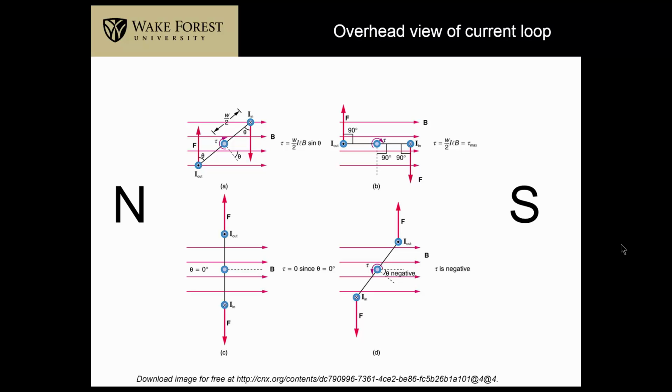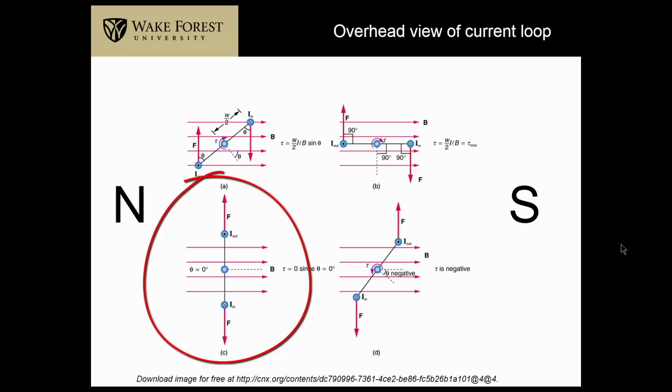Now, if we apply that torque, and if the loop is free to rotate under that torque, it will rotate another 45 degrees, taking us to this orientation here. The force on the left wire is still up, the force on the right wire is still down. We still have a clockwise torque. Let's let it rotate another 90 degrees. That takes us to this orientation.